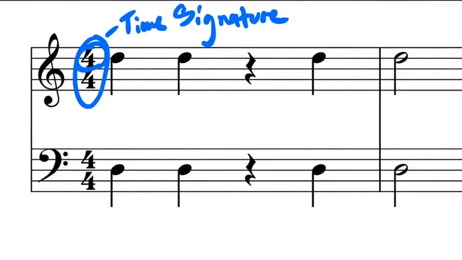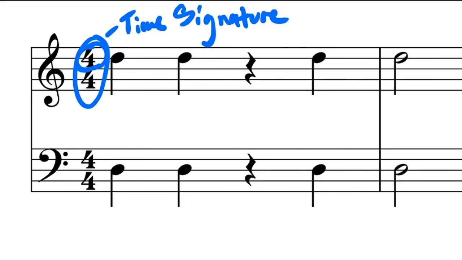But you need to be able to articulate or explain it, because a good sign that you truly understand something is that you can teach it or explain it to someone else, right? So again, what is the answer to this question? What does the top number of a time signature tell us?